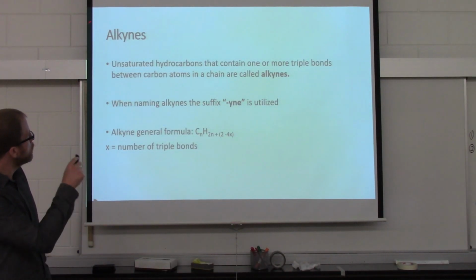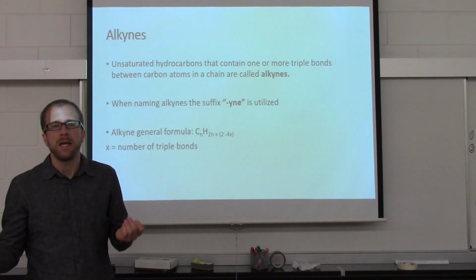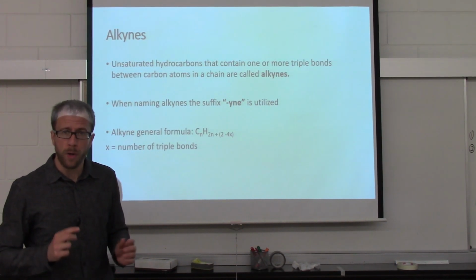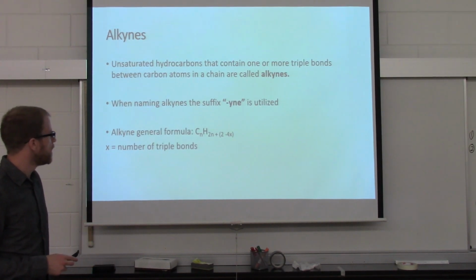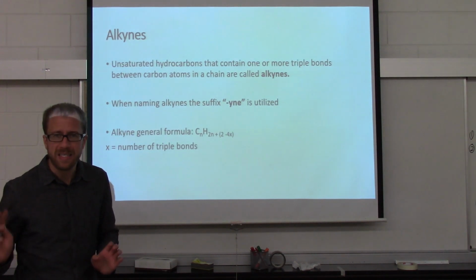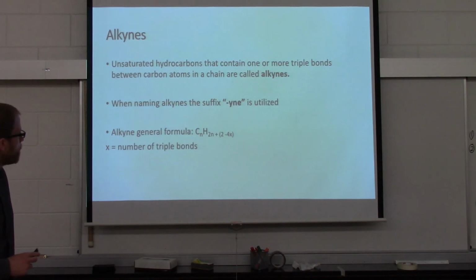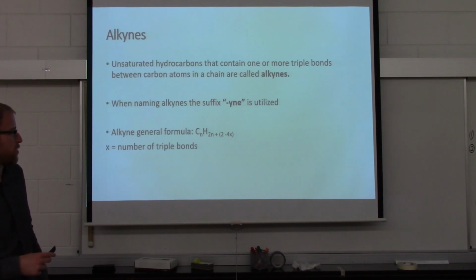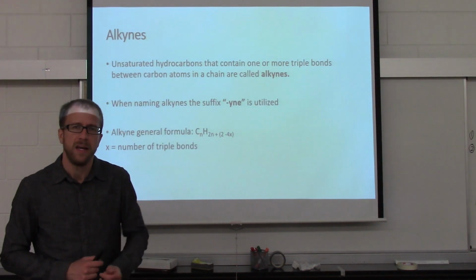Lastly, today we are going to explore alkynes. Now, alkynes have 1 or more triple bonds within the compound, within the molecule. So if you see a triple bond, you must use that suffix "-yne", Y-N-E. Now, these take the general formula CnH2n plus 2 minus 4x, where x represents the number of triple bonds.